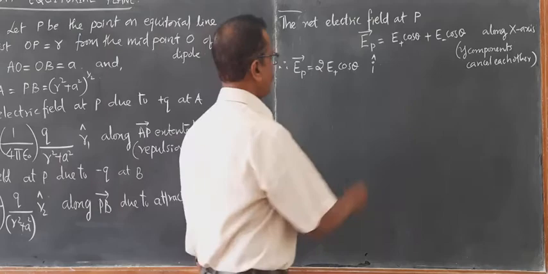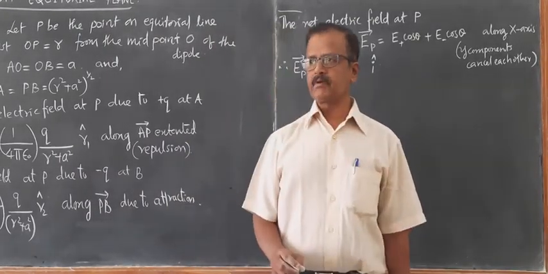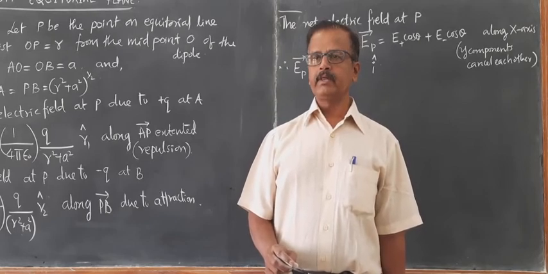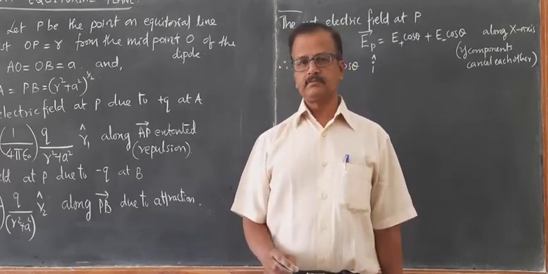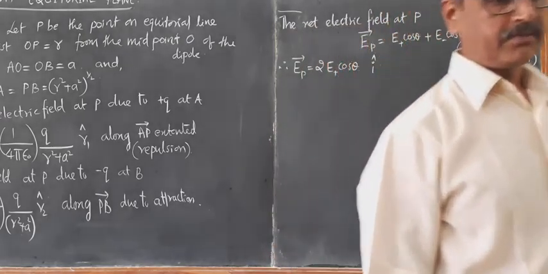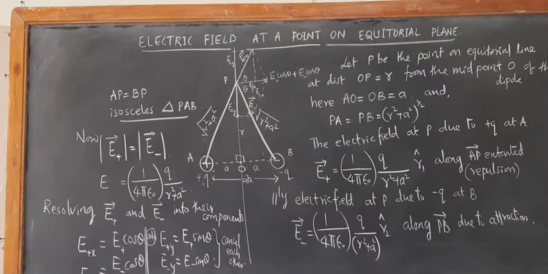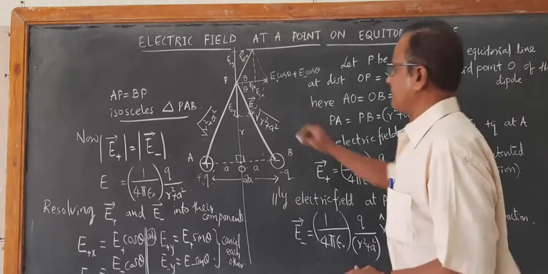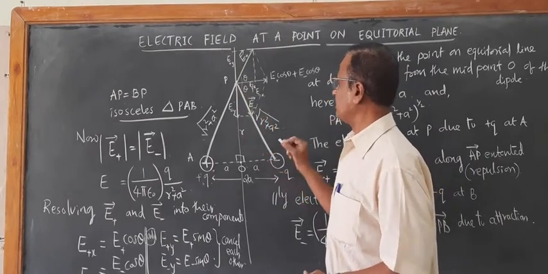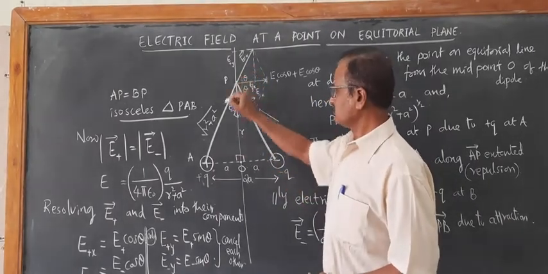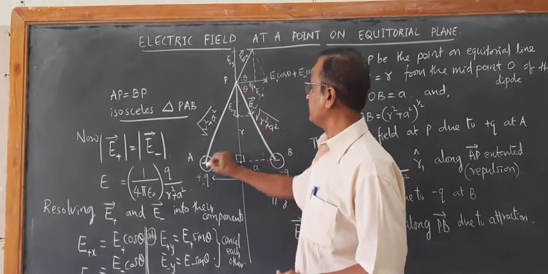Okay. Now look at the right angle triangle. From the right angle triangle, we will find out what is cos theta. Look at this right angle triangle POB, or for that matter the isosceles triangle PAB.